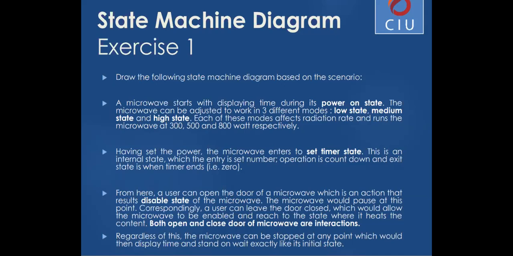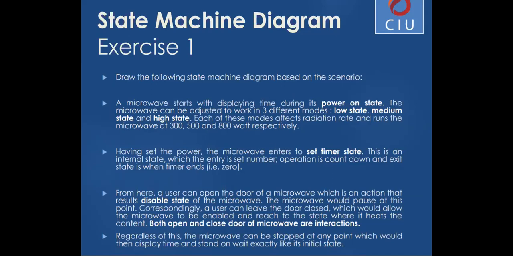Okay? So let's look at this question together. It says that we need to do an exercise about a state machine diagram. A microwave starts by displaying the time during its power state.